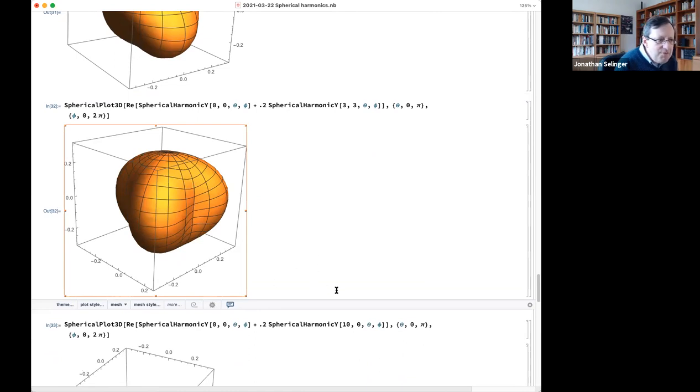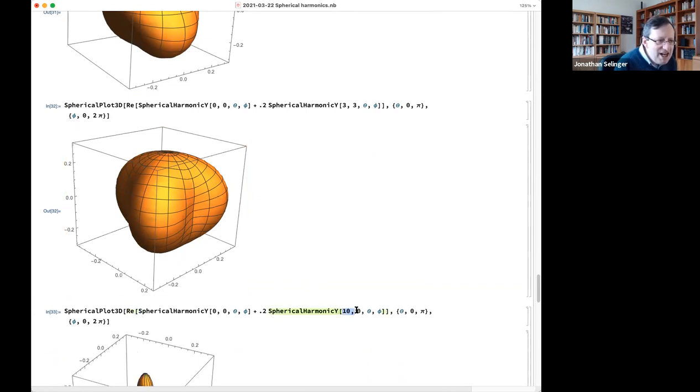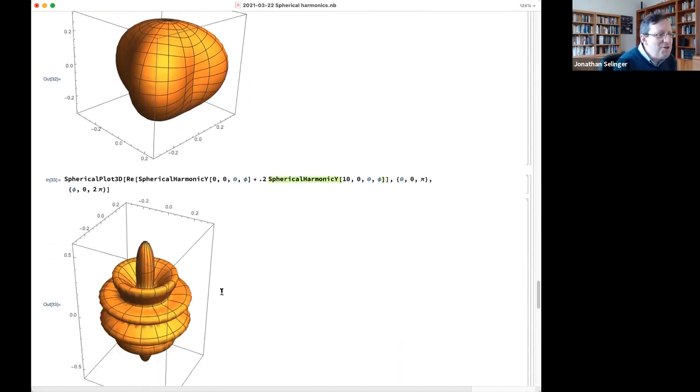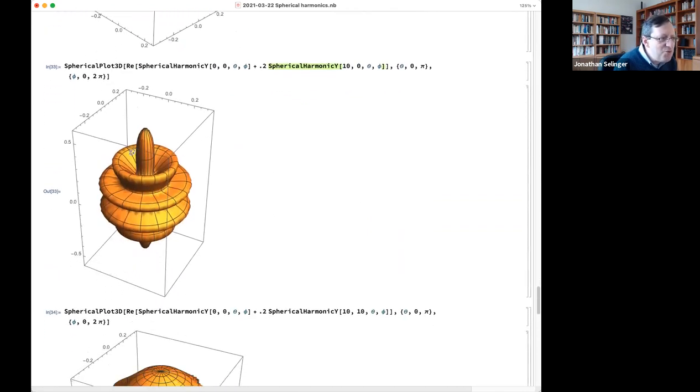And then if you really want to get to something extreme, here I'm jumping ahead to the L equals 10, M equals 0 spherical harmonic. So you can see that has this really high frequency variation, high spatial frequency.